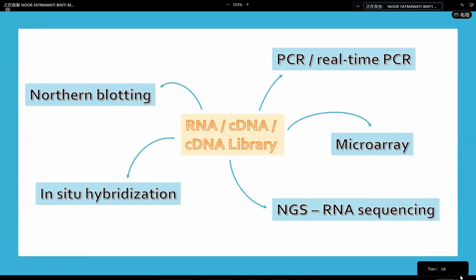Now, in RNA-based diagnostics, you want to measure RNA. And how do you measure RNA? You have to have a tool that could bind to your target RNA. And this tool I have shared with you, there are 3 types, and these are all oligonucleotides.